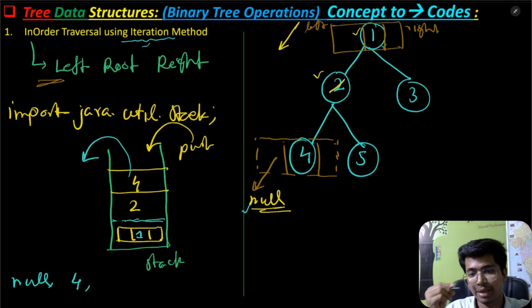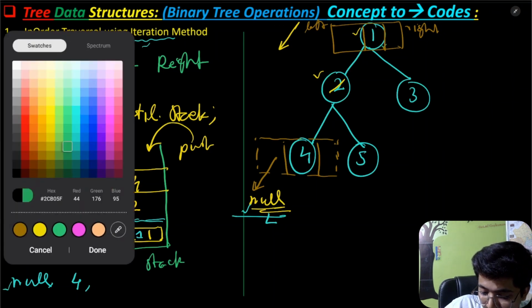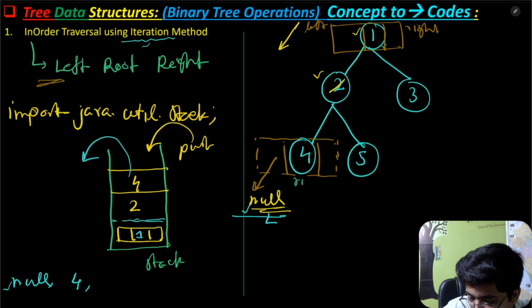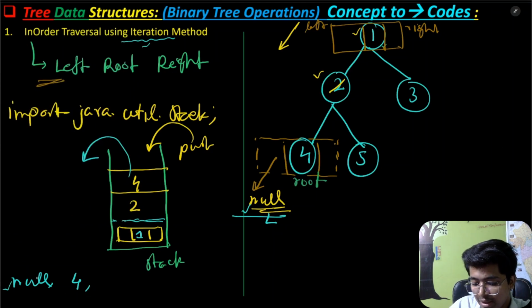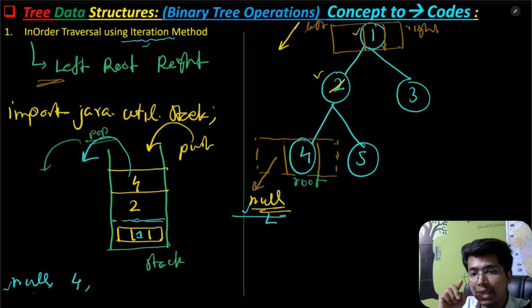Here, the left portion was null, and now the root portion has been processed. Because we have popped 4 from the stack, after this we visit the right side.